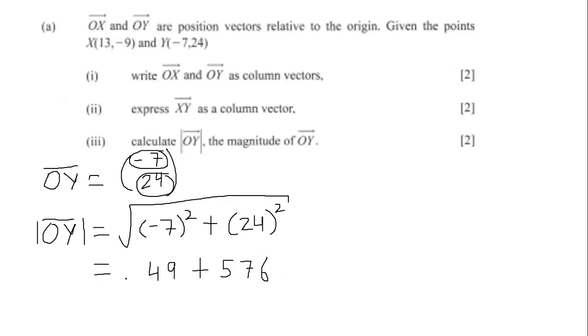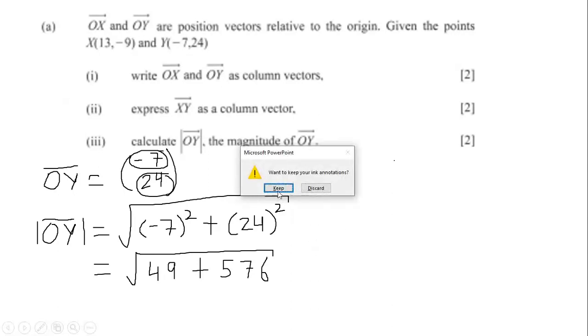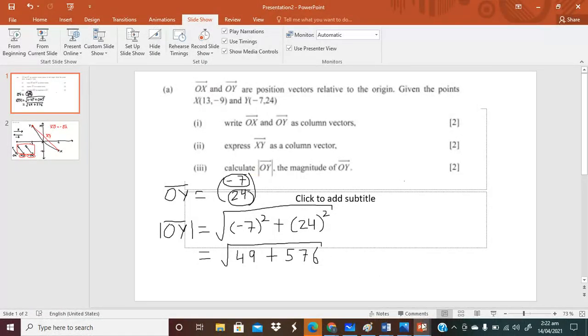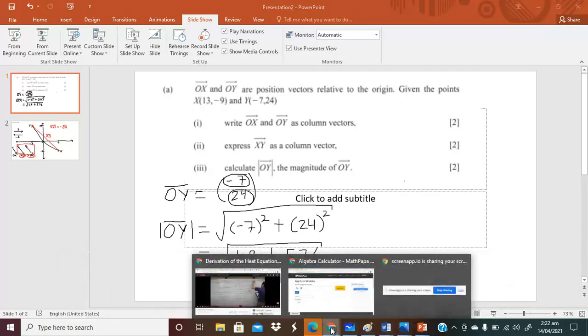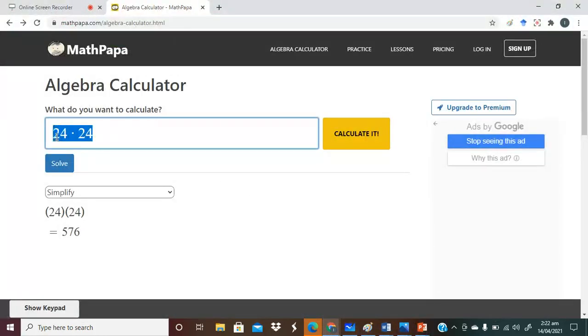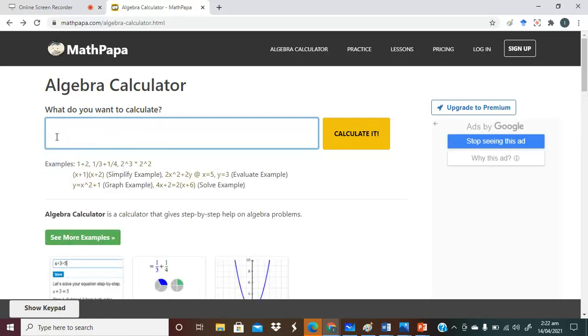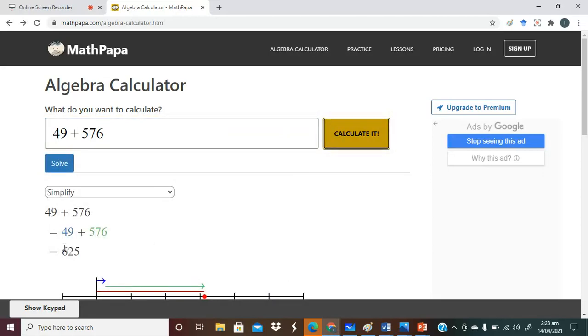And remember, do not forget to include the square root again. But what is 576 added to 49? Let's go back to the calculator. 49 plus 576 is going to be equal to 625.